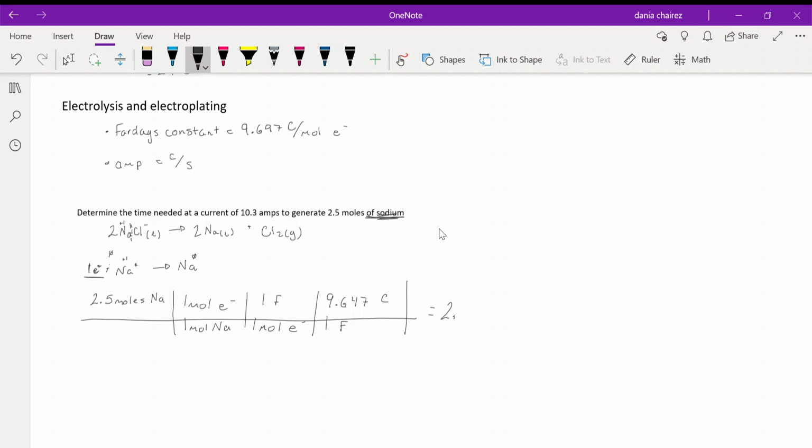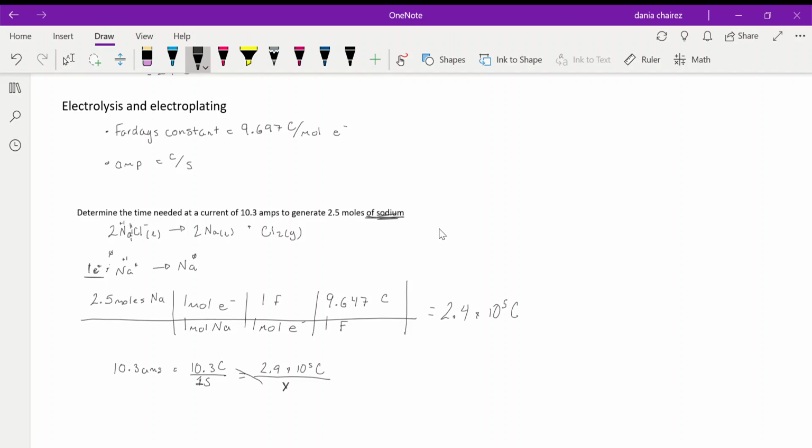2.4 times 10 to the 5th coulombs. And then from that, we're going to figure out the seconds, because we have 10.3 amps, which is equal to 10.3 coulombs per second. And we're going to turn this into a proportion so that we have 2.4 times 10 to the 5th coulombs over x seconds.